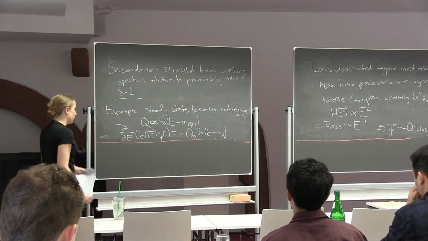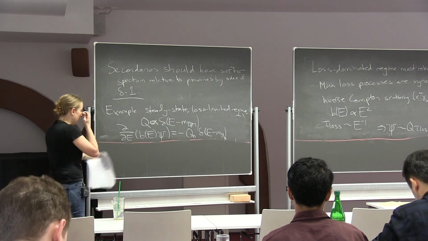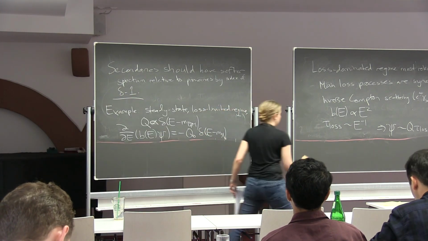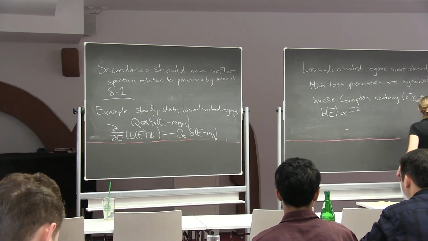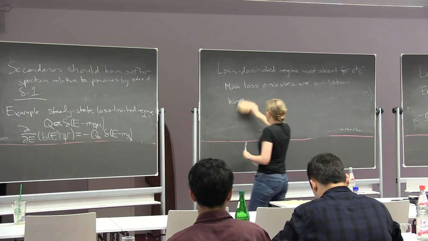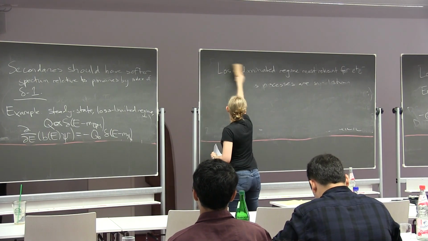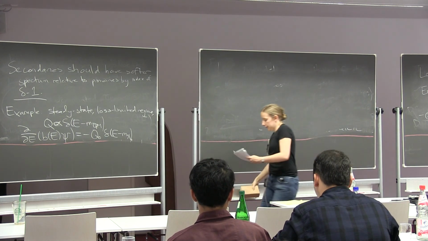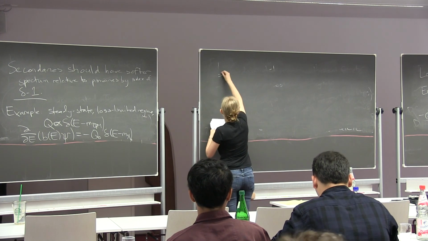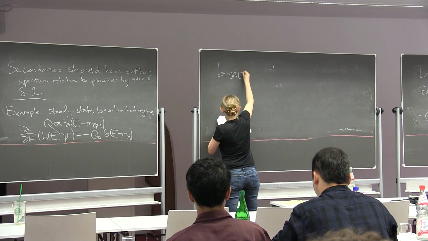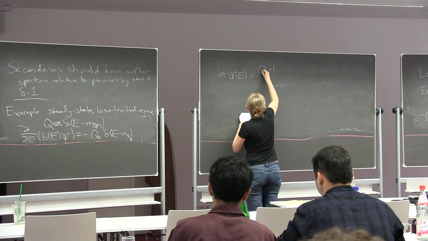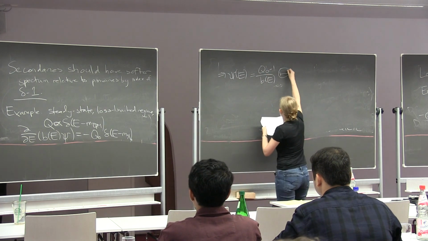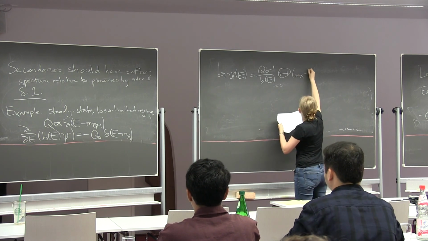So if I know that the derivative of this object with respect to energy gives me a delta function, that tells me that this B of E times psi is a step function. And since I know that B of E scales like E squared for the main processes, this tells me... Q naught here is just a proportionality factor.